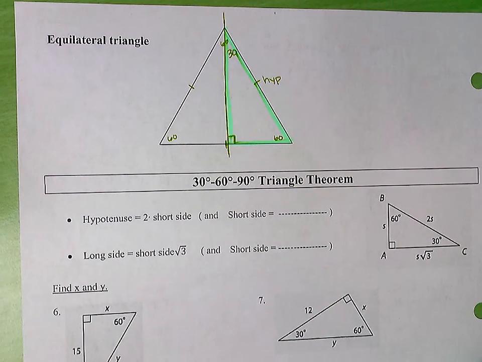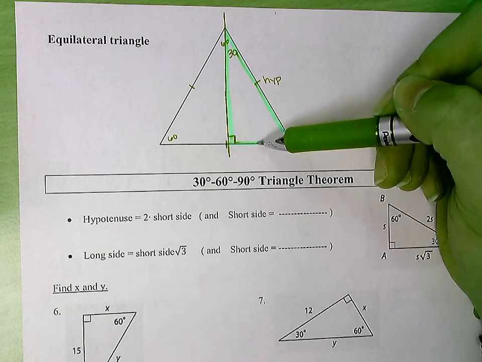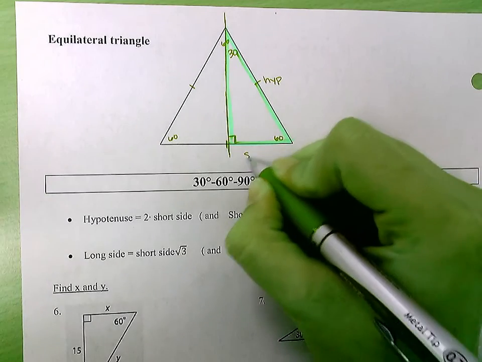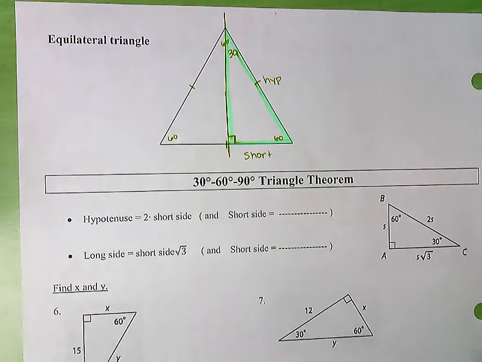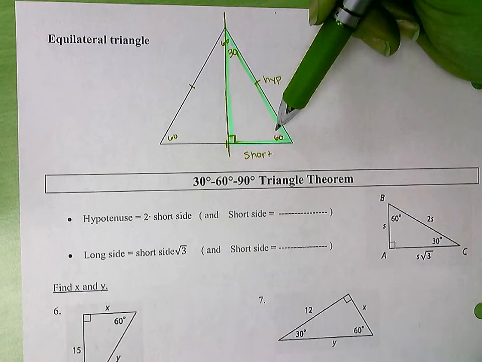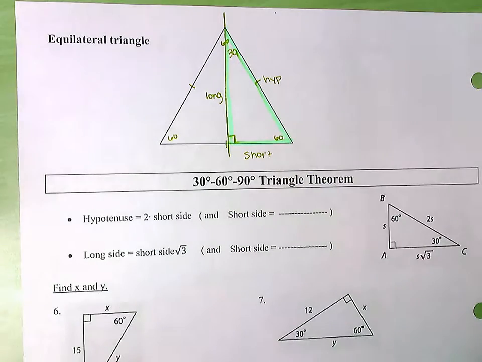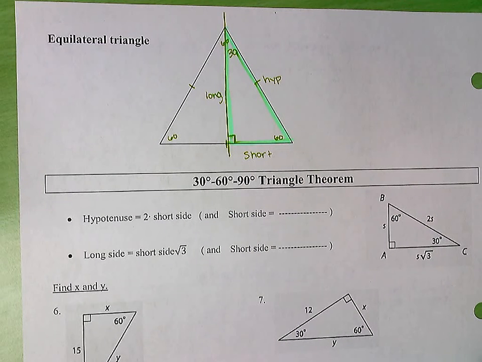Now with a 30, 60, 90 right triangle, we have a long side and a short side. Okay? Your short side is going to be opposite your 30-degree angle. Okay, so over here will be your short side. Your long side is opposite the 60-degree angle. Now I know the hypotenuse is the longest side, but it's already labeled as the hypotenuse. So that side opposite the 60-degree angle will be the long side.